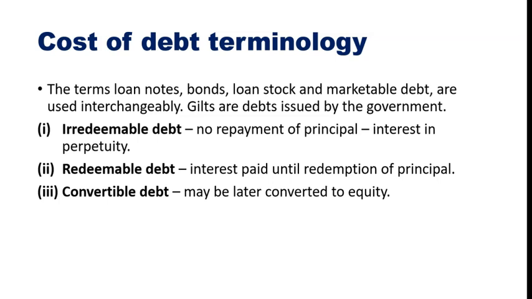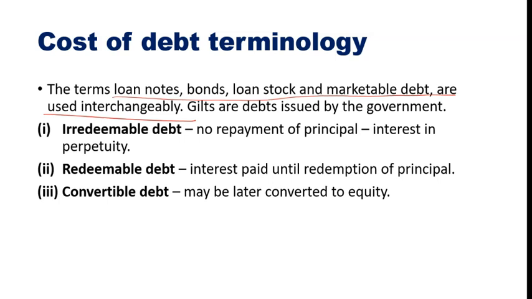You need to appreciate that these terms simply refer to one and the same thing: the loan notes, the bonds, the loan stock, and marketable debt. But when you are talking of gilts, these are debts issued by the government.